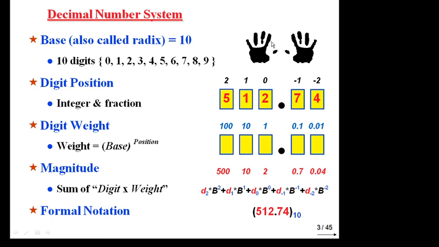So this is the decimal number system. You are already aware of how 512.74 comes: 2 into 10 to the power 0 plus 1 into 10 to the power 1 plus 5 into 10 to the power 2 plus 7 into 10 to the power minus 1 plus 4 into 10 to the power minus 2. When you add, it will give 512.74, and in this way you can determine any number.